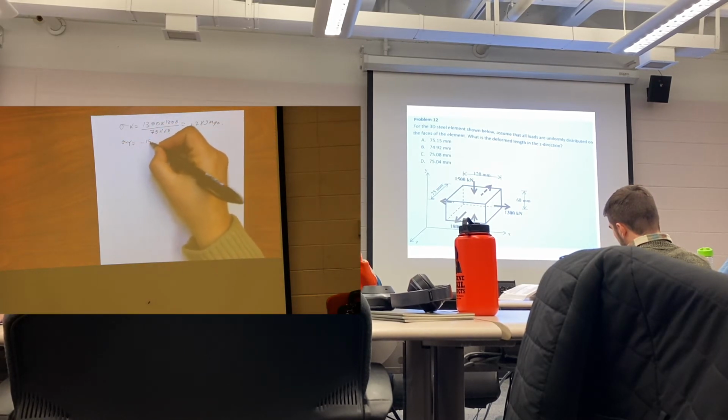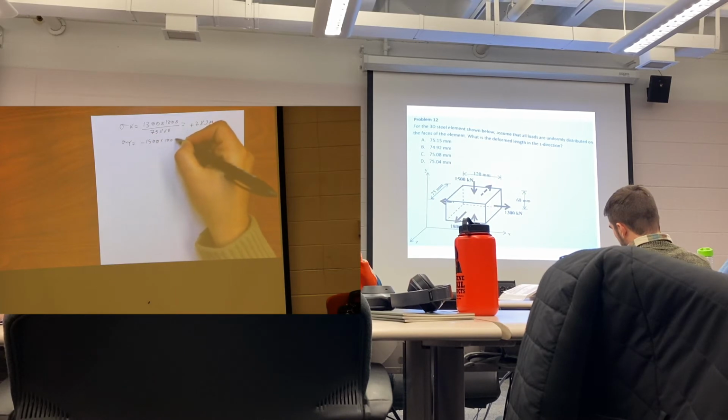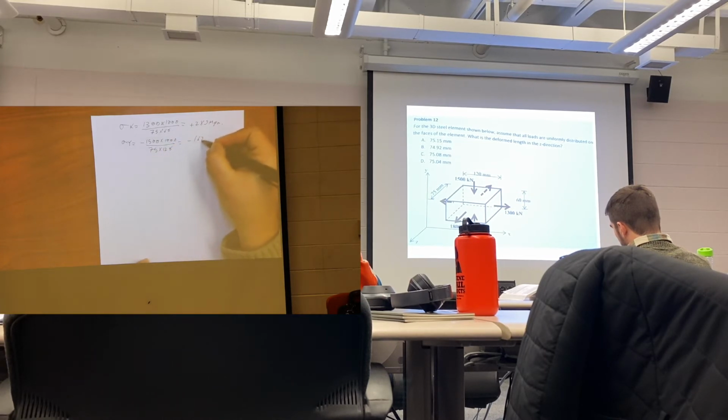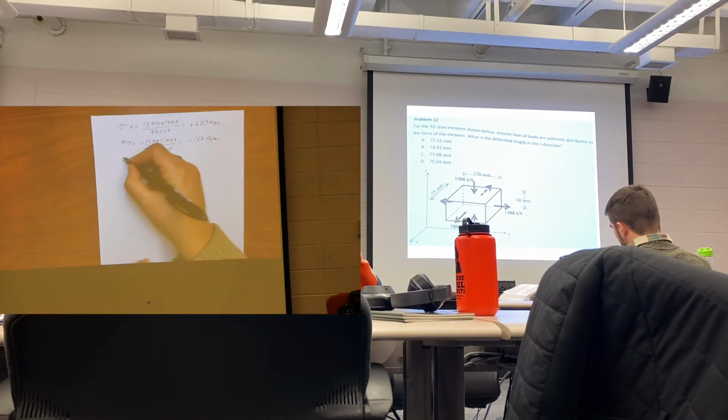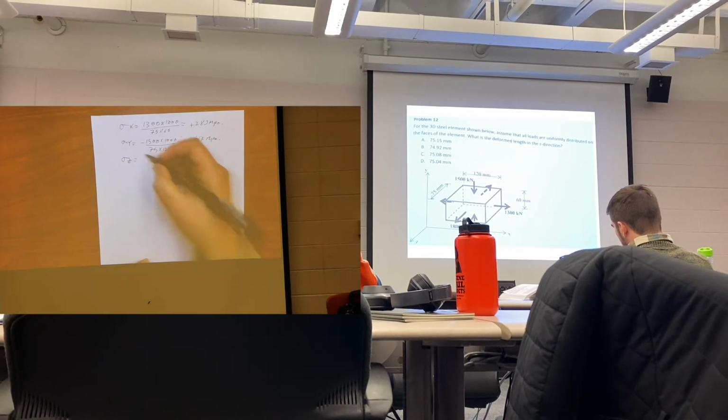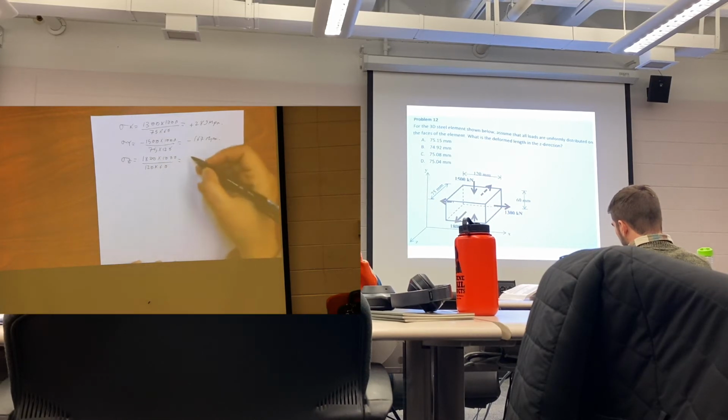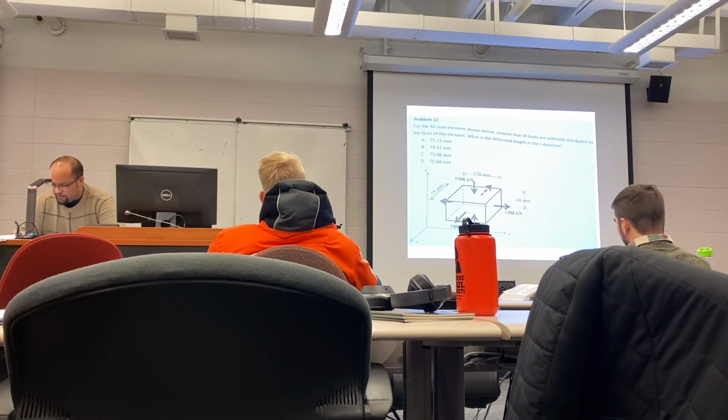Sigma Y equals negative 1500 times 1000 newtons. The area in this face is 75 by 120, which would be negative 167 megapascal. Sigma Z will be 1800 tension, so it's positive 1800 times 1000 over 120 by 60, equal to positive 250 megapascal.